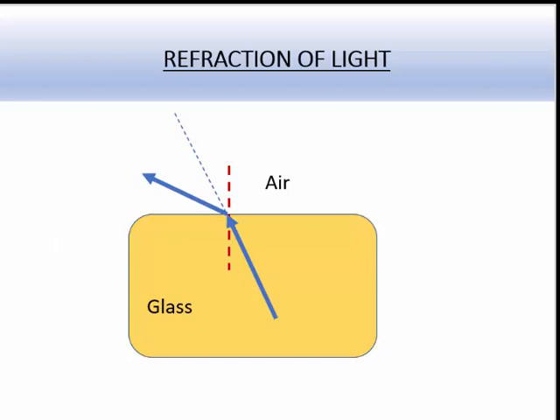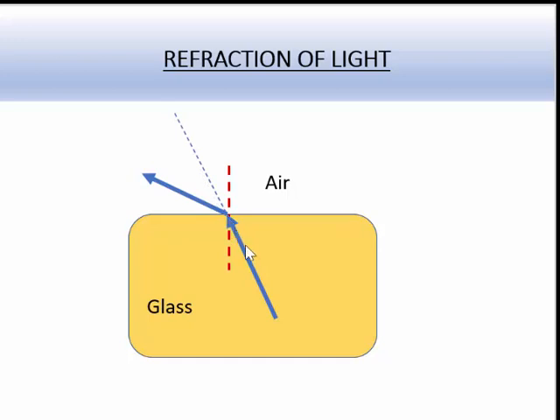Suppose I have a pair of media. One medium is this medium of glass, which is shown by the yellow box, and the other medium is the air, which is outside the glass. Now let's say this is the incident ray, which is incident on this interface of the two media here. Ideally, if there is no other medium, this light ray would have gone straight without any bending.